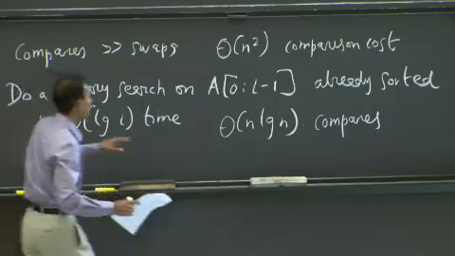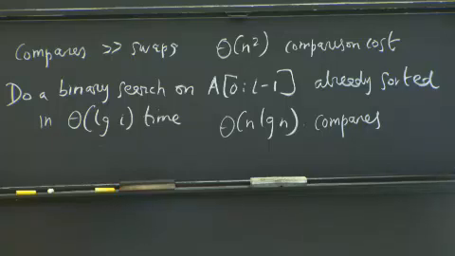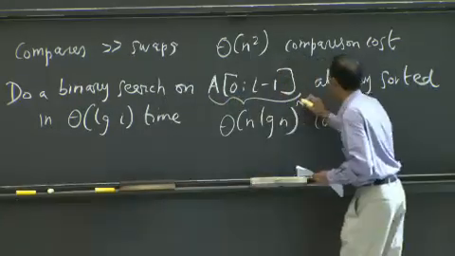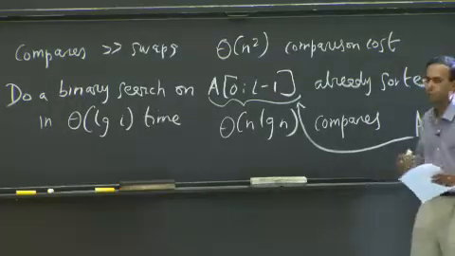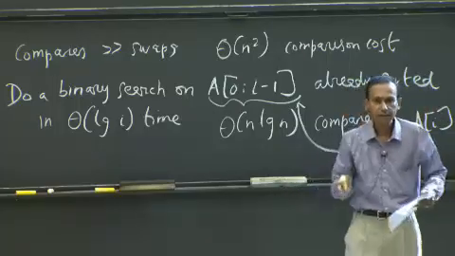So here's the problem. Why don't we have a full-fledged theta n log n algorithm regardless of the cost of compares or swaps? We don't quite have that, right? We don't quite have that because we need to insert our A of I into the right position into A of 0 through I minus 1.